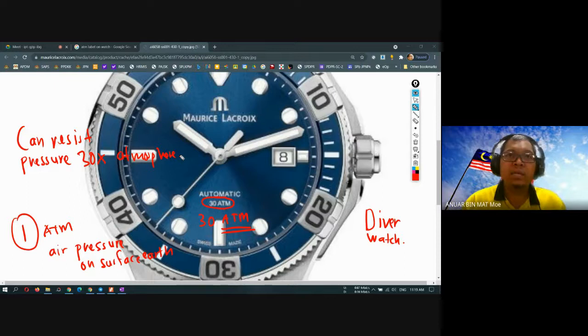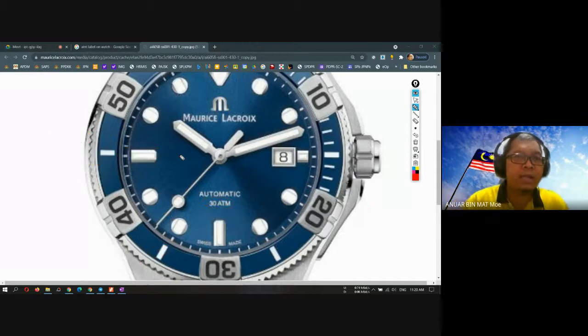Some watches use meters, like 30 meters, 2 meters, or 5 meters. That is meter. Meter is the depth of the ocean. But this one uses pressure. Can we have another label over here?